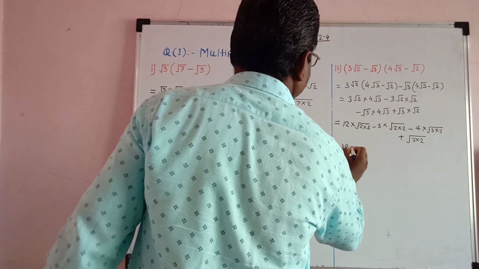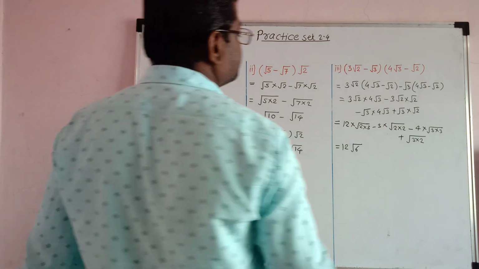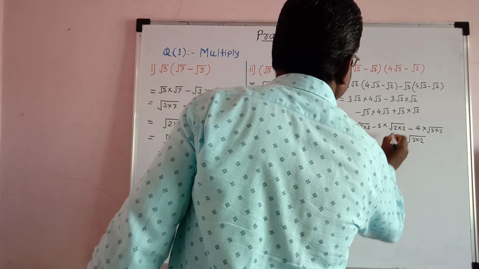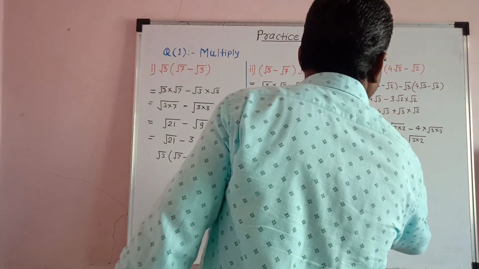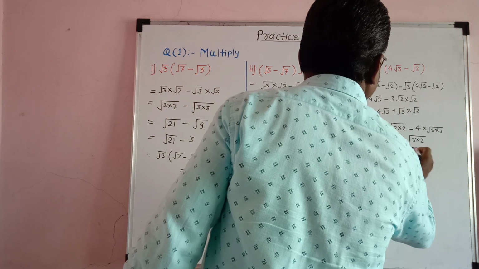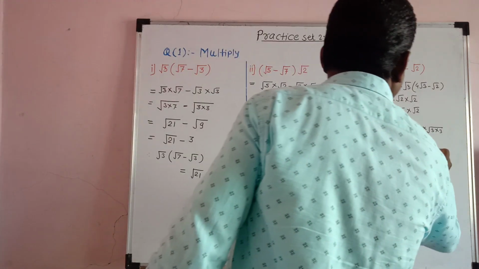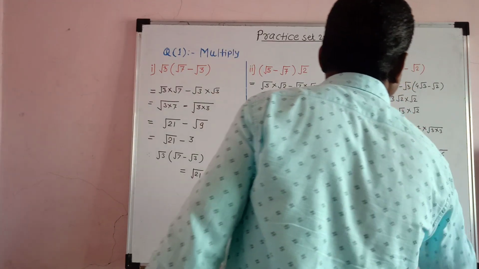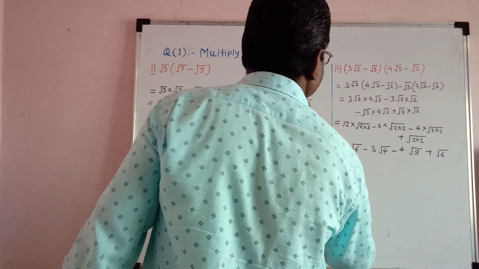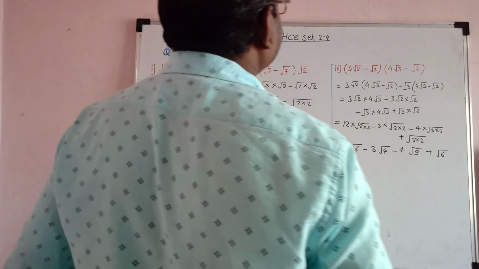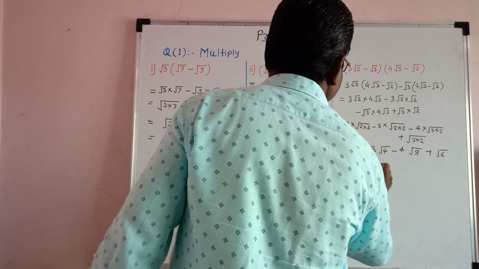this is 12, and 2 × 3 is 6, minus 3, 2 × 2 is 4, square root of 4, minus 4 × 3 × 3 is square root of 9, plus 3 × 2, that is √6, is equal to 12√6 plus this √6.